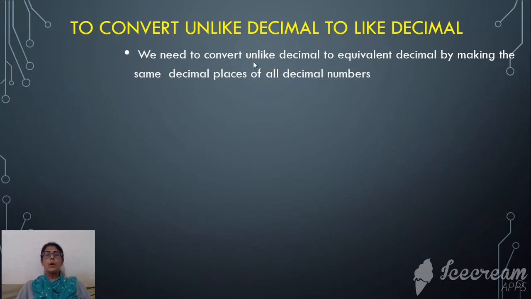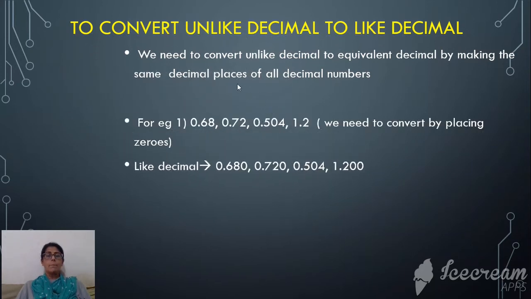We need to convert the unlike decimals to equivalent decimals by making the same decimal places of all the decimal numbers. सारे decimal numbers के decimal places equal करने से हम unlike decimal को like decimal या तो equivalent decimal में convert कर पाते हैं.